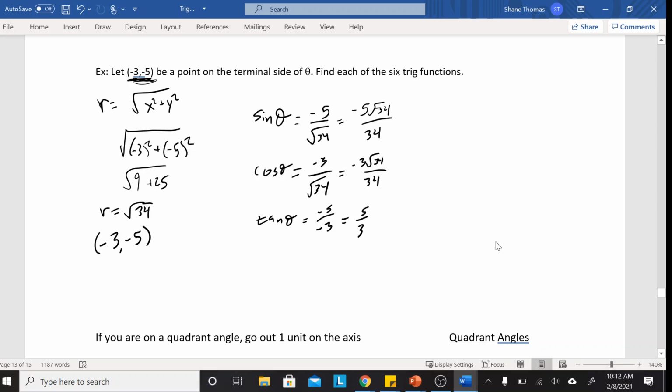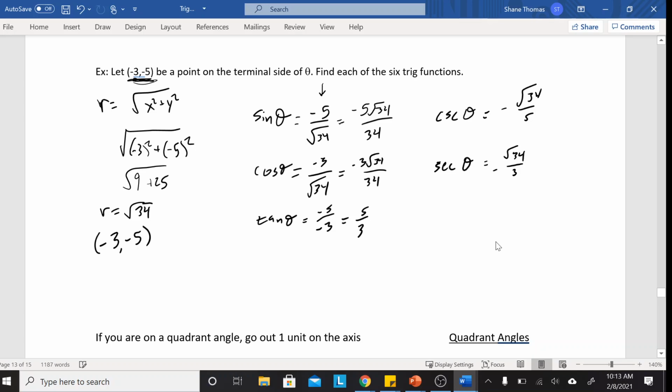All right, then from there, cosecant. Cosecant is the inverse of my sine, so I can just flip everything in this row for all these next 3. So this is going to be negative root 34 over 5. Secant is going to be root 34 over -3.